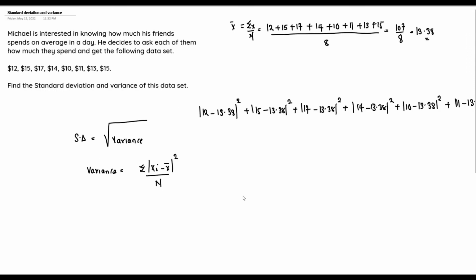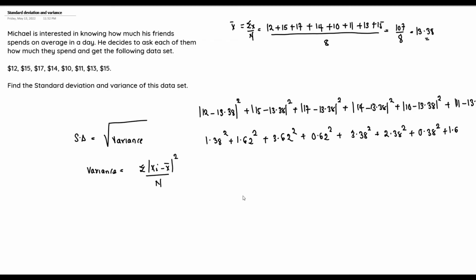So 12 minus 13.38 modulus, we have our answer to be 1.38 squared, plus 15 minus 13.38, that is 1.62 squared, plus this is going to be 3.62 squared, plus 0.62 squared, plus this is 3.38 squared, plus 2.38 squared, plus 0.38 squared, plus 1.62 squared.